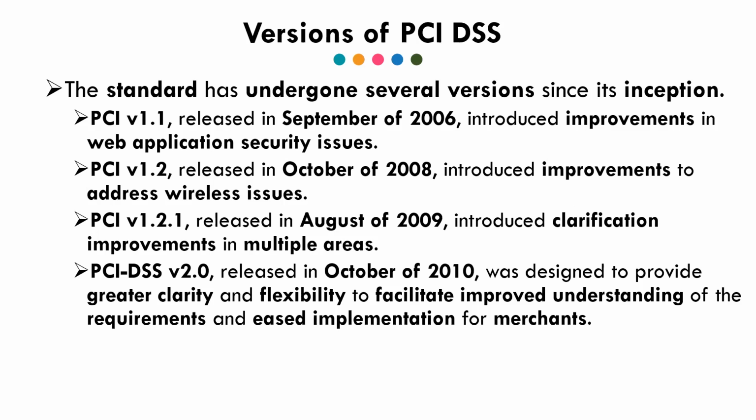And then we had version 1.2.1, which came about in August of 2009. And then version 2 came about in October of 2010, right? And as we are moving down the versions, it is getting better and better, and it is addressing threats, and it is adapting to the technological landscape as well, right?